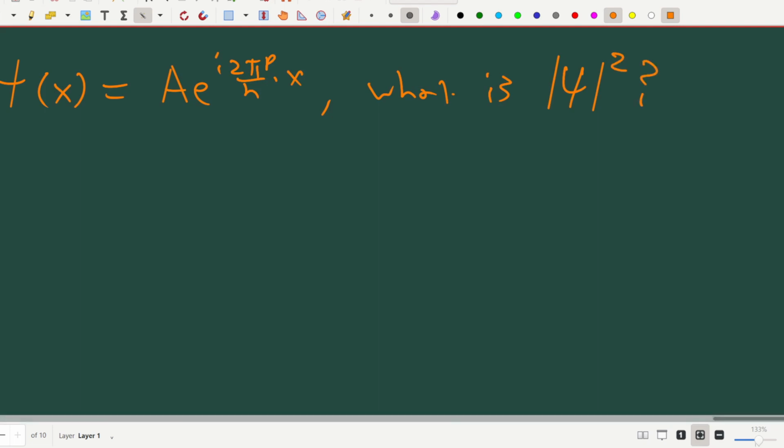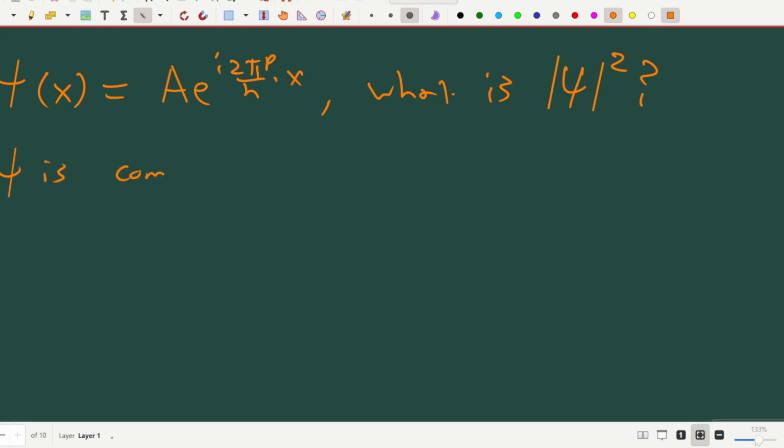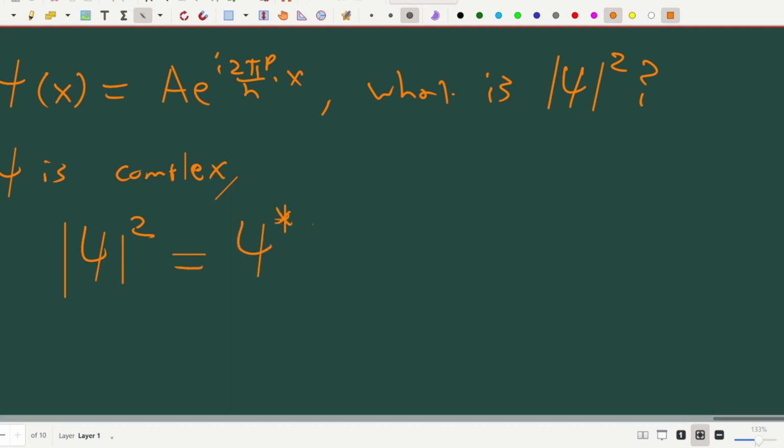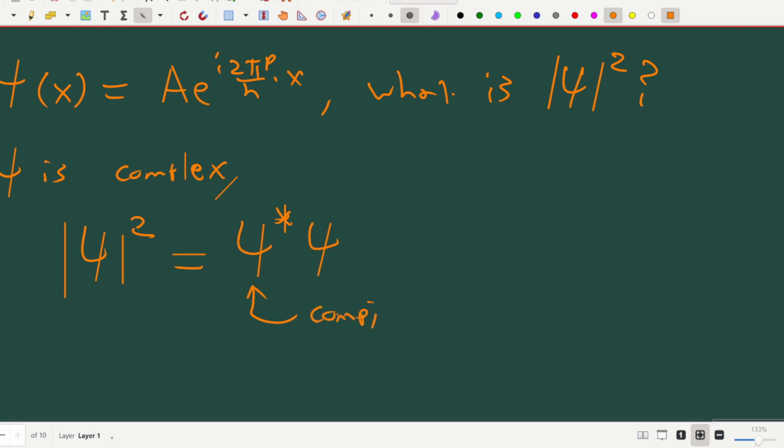Well, when you take the square of a complex number, if psi is complex, psi squared is equal to psi star times psi, and this star is called the complex conjugate.